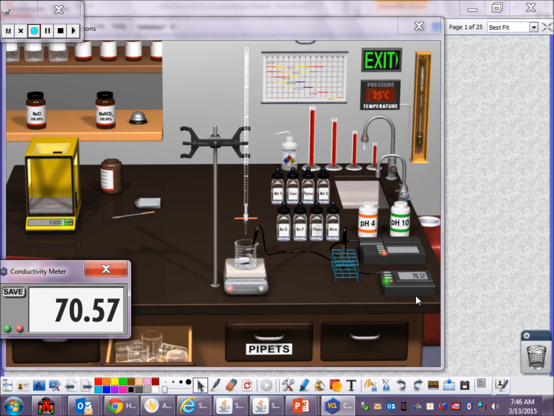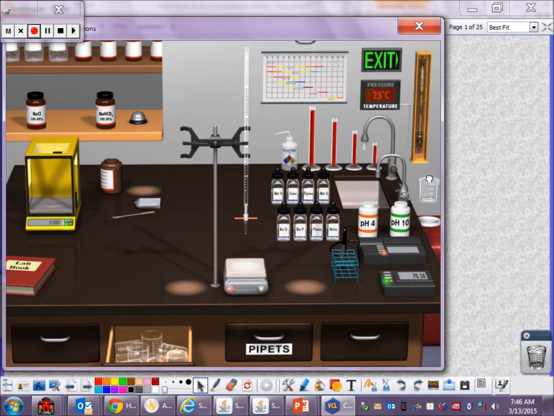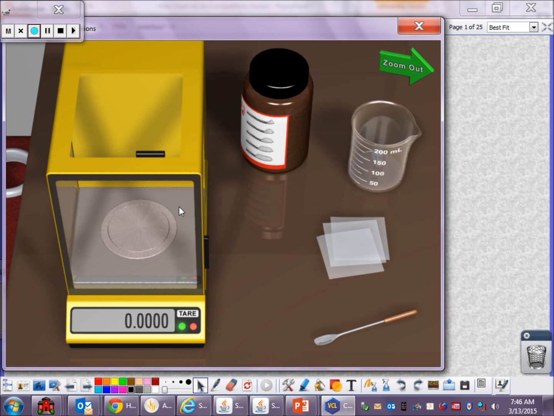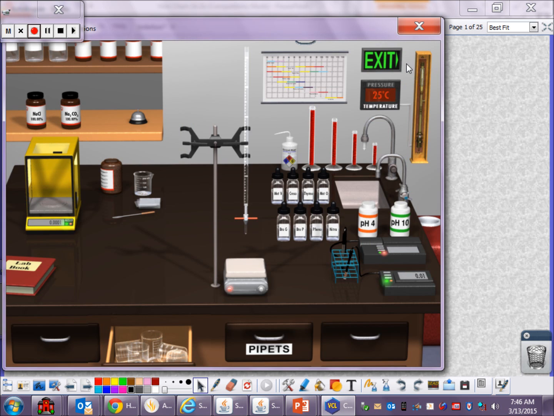The third one we will check is sodium bicarbonate. The formula for sodium bicarbonate is NaHCO3. Get a clean beaker. I go back, take the lid off, get some sodium bicarbonate, put it in my beaker and go back in the lab.